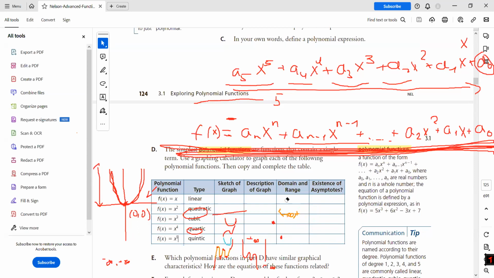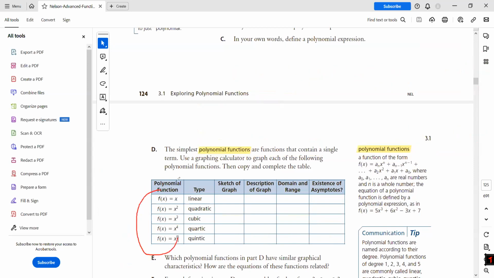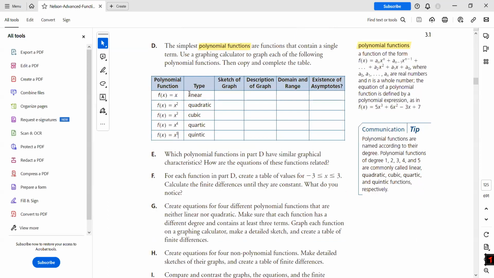For all of the standard simplest functions, there are no asymptotes, right? Asymptotes appearing. So we can have a horizontal or vertical asymptote. I'm not sure if you covered that in grade 11. Okay, but we're going to look into it.